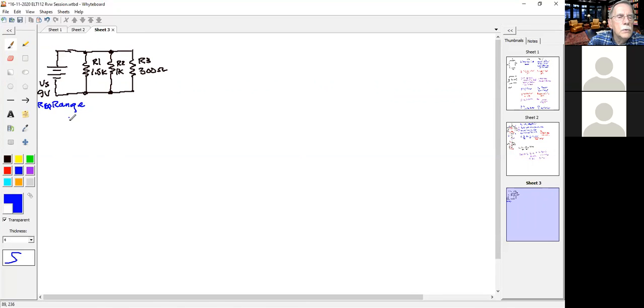So REQ has to be less than the smallest. So it's got to be less than 300. And REQ has to be greater than the smallest, 300 divided by 3. So that's 100.